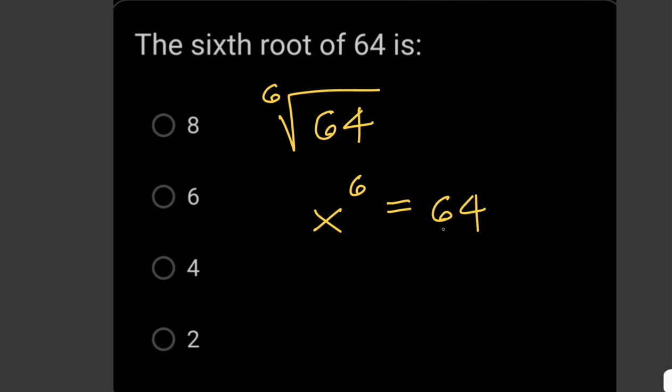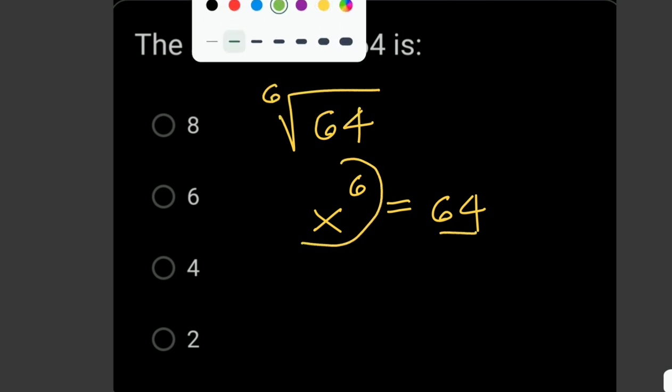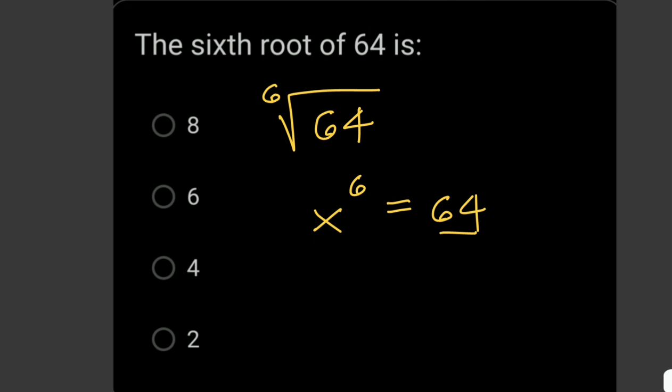So let's write 64 in this form so we can solve for x. The factors of 64, the second smallest factor, is 2. So we can multiply 2 times 2 times 2, 2 times 2 is 4, times 2 is 8, times 2 is 16, times 2 is 32, times 2 is 64.